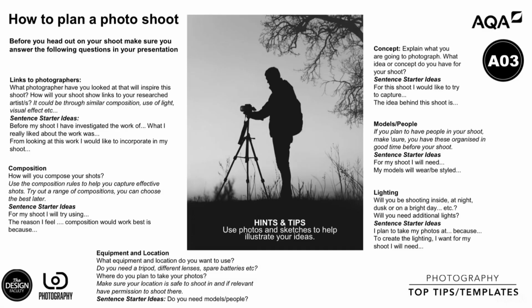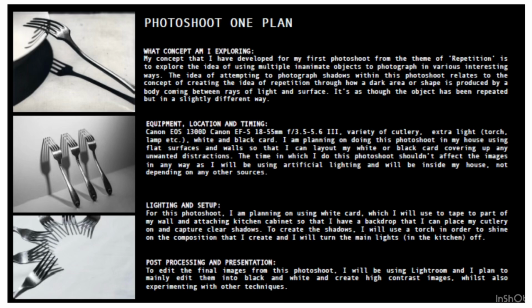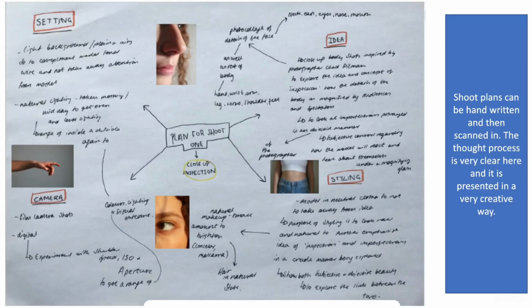Once students have completed their artist research, they then plan their shoot. This takes the form of a shoot plan. There are lots of resources for this in Shelby. Students may decide to write their shoot plan in a table, or they may decide to do it as a series of notes or a spider diagram.